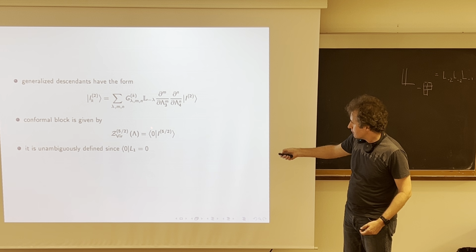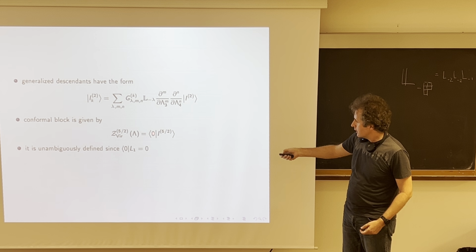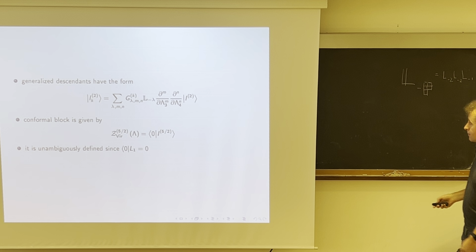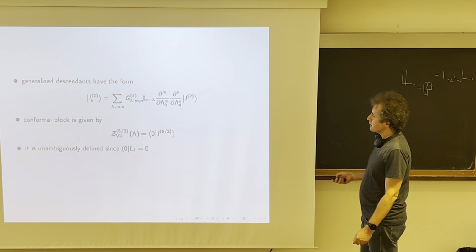So suppose that we have some L1 generator in between these two. Well, we know that L1 kills the vacuum. But now I should say that this approach, while it allows you to define conformal blocks, leads to extremely complicated answers.